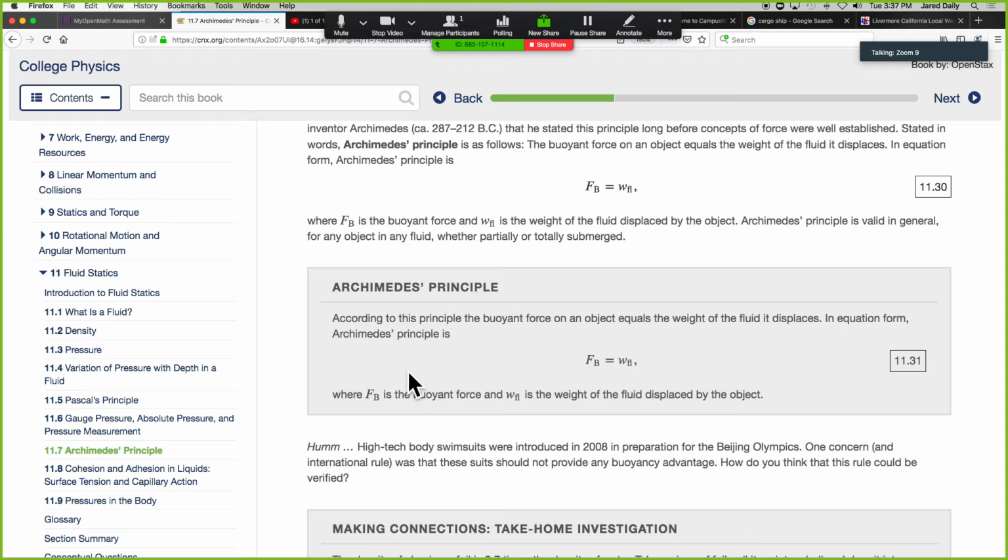Buoyant force 1, buoyant force 2, greater than, less than, or equal to, right here. Which one's going to have the greater force on it? Why? This says that the buoyant force is directly proportional to the volume of the fluid displaced.